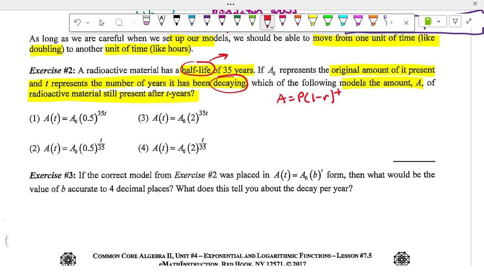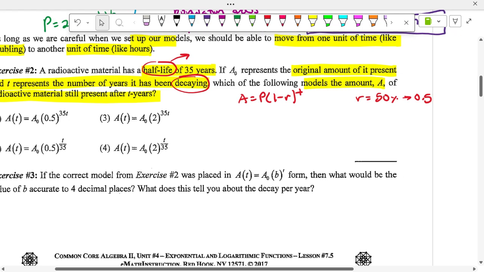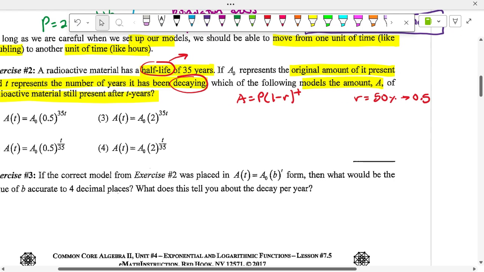So what do you think my rate of decrease will be if we're halving it? Well, what's half of 100? 50. So my rate of decay in this case is actually 50%. We only keep half of it after 35 years.